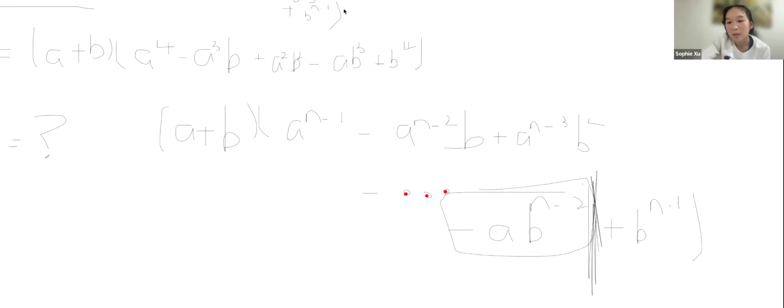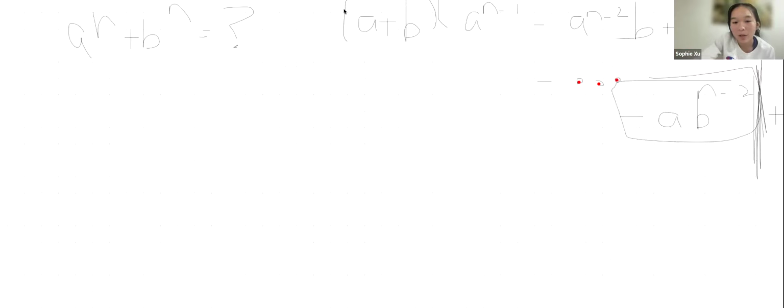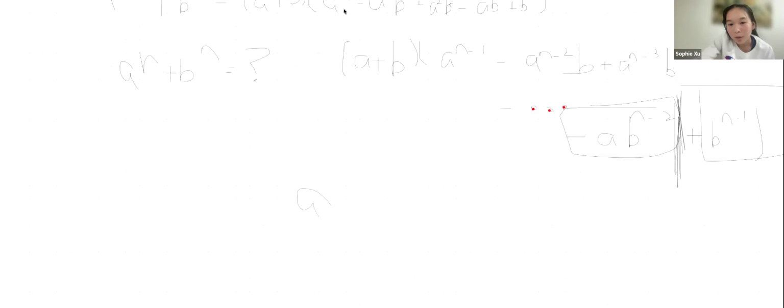And then that means this one is a minus, and that just does not work with our formula. So it just doesn't work. And then we can try a small even case, like a squared plus b squared. That just does not have a formula that you can plug it into, right? So yeah. Does that make sense?